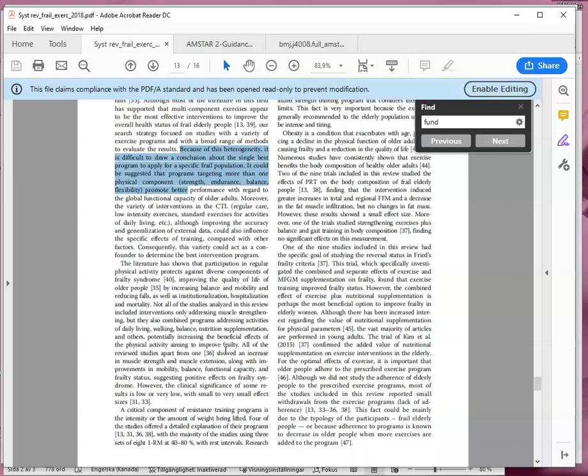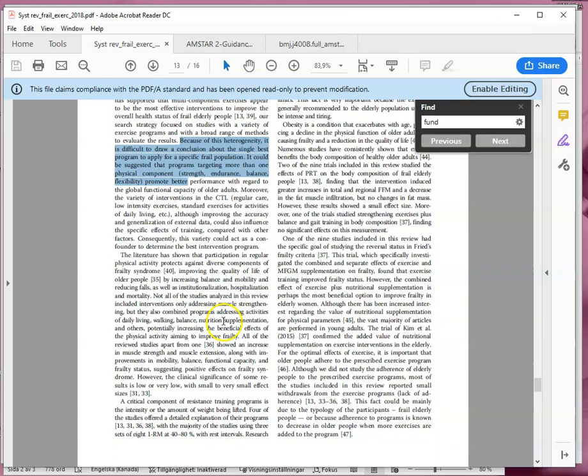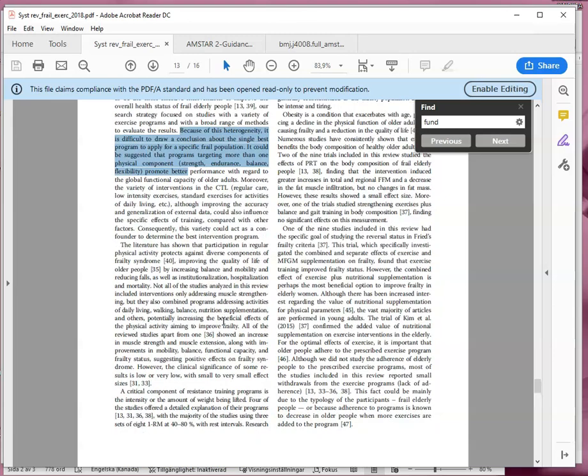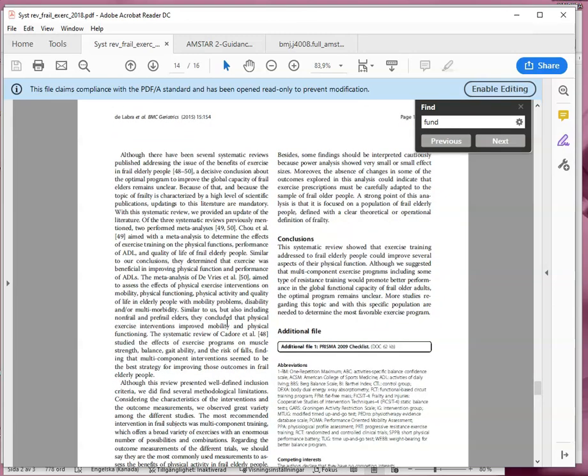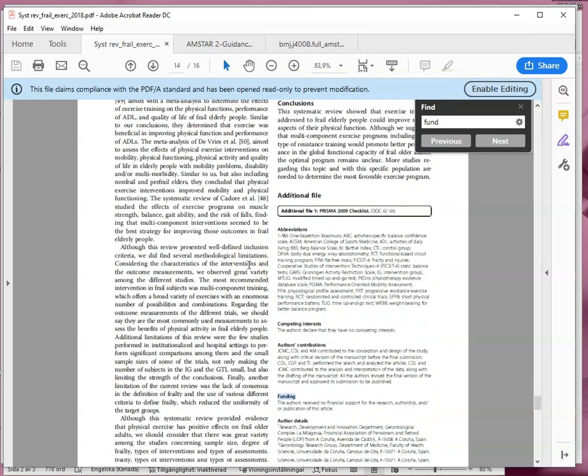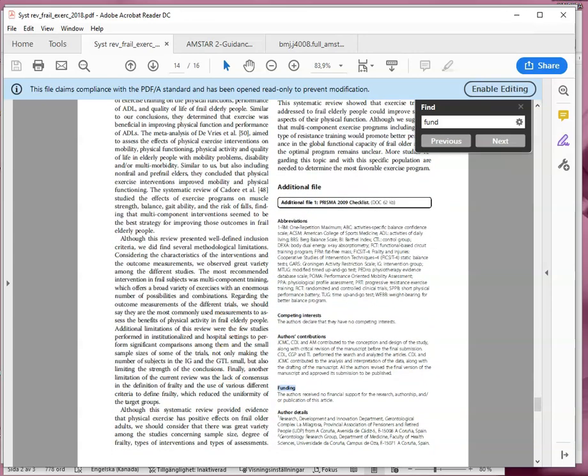So here you have to check through the whole part. Do they discuss that the findings should be cautious because the studies showed very small effects, the absence of change? Do they talk about this over here? There was a concern about degree of frailty. Another limitation. No. The number and the few.